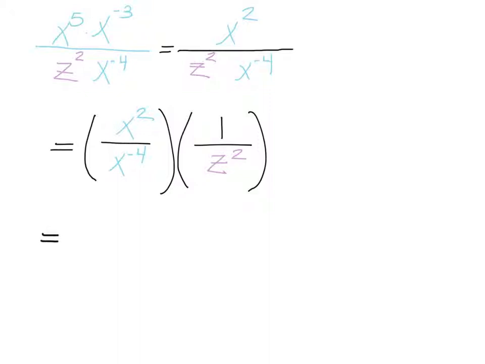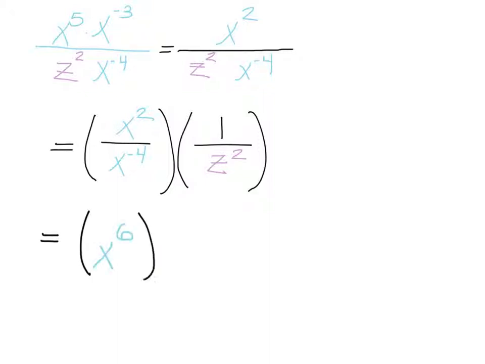In this particular fraction, I have a situation where I can subtract my exponents. So I'm asking myself, what is 2 minus negative 4? 2 take away negative 4 is 6, so x to the positive sixth.